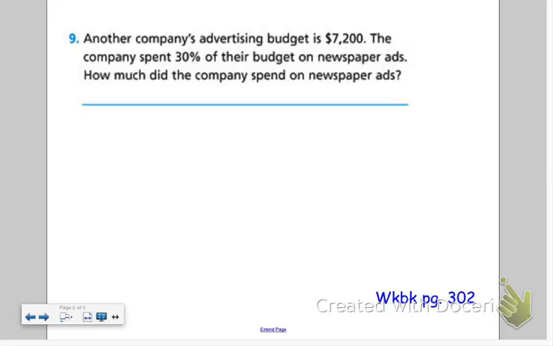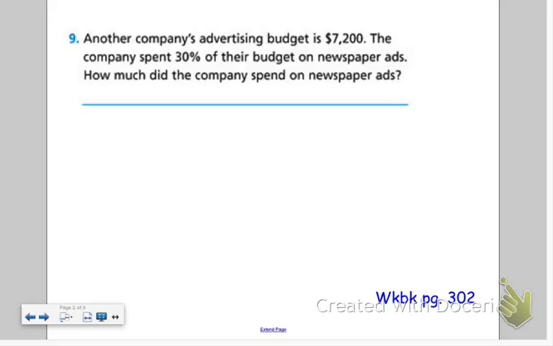The first one that I want to do with you is number 9. Another company's advertising budget is $7,200. So let's think about that for a second. Their advertising budget means the amount of money that they have set aside to advertise their business. So they've got $7,200 set aside for advertising.